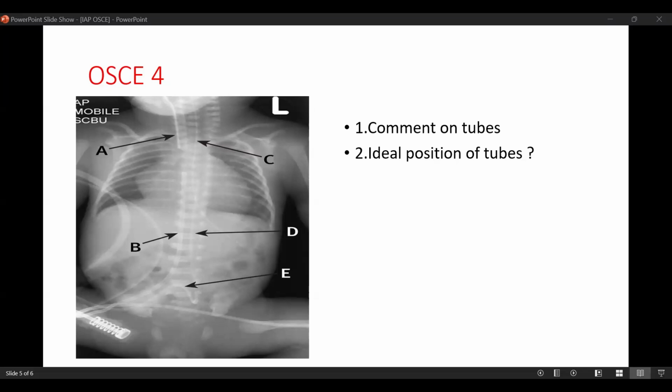Upper limb PICC line should be above T4 and lower limb PICC line should be below T9. Okay. We'll go to the next OSCE.